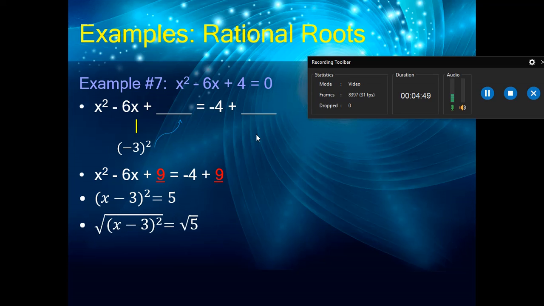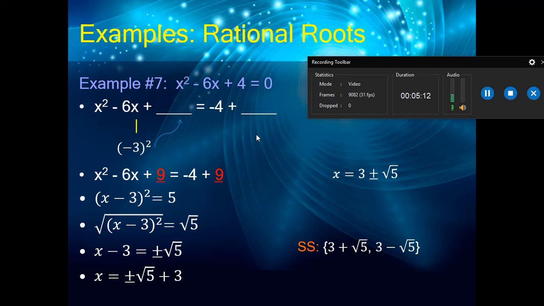We'll square root both sides. And 5 is a very simple number. In fact, it's prime. So we won't be able to simplify that any further. I'm going to add 3 to both sides. And then I'm going to state my roots with positive 3 first. So x equals 3 plus or minus the square root of 5. And again, for the solution set, I will separate this into two distinct solutions. And this problem's all set.